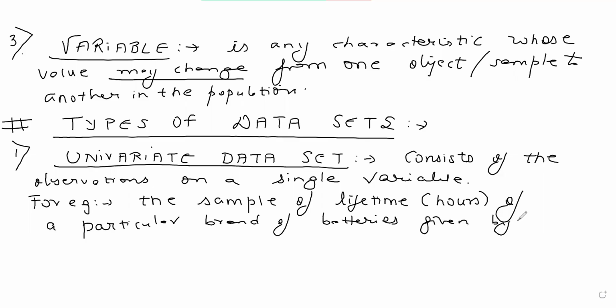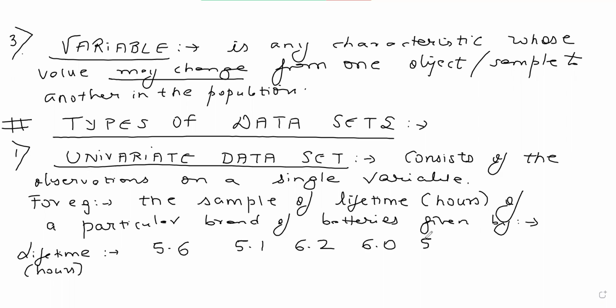So our variable is lifetime in hours, and then we are given some data. 5.6, let's say the first battery operates for 5.6 hours, 5.1 hours. I've taken this example exactly from the book Devore. So I can randomly take some numbers.